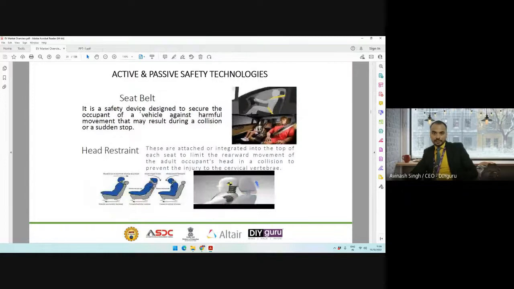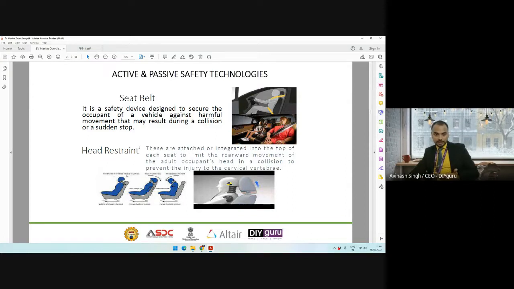Now these are all passive safety. Seat belts, I mean, this is not helping you to prevent the accident, but once the accident happens, it is helping you to safeguard the passenger and the driver, right?